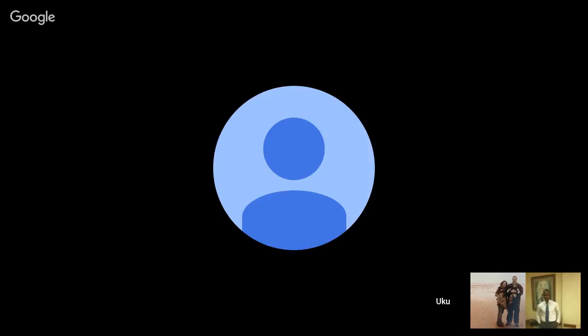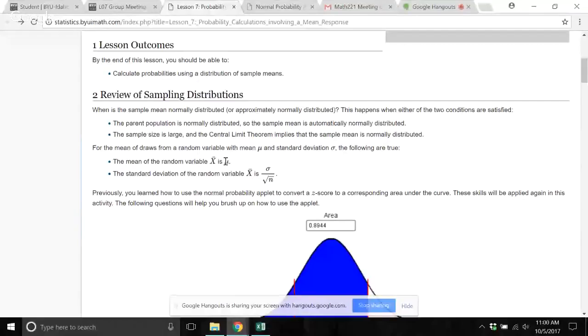So let me share my screen. This is what I'm trying to say. Can you guys see my screen? It's saying that the mean of a random variable, which I'm thinking is a random sample, is u, and this is the mean to begin with.